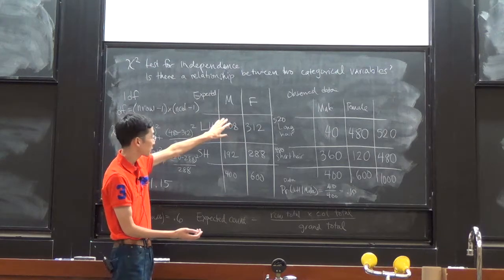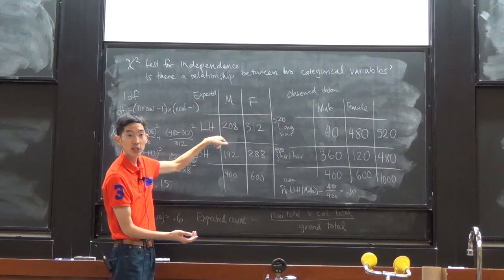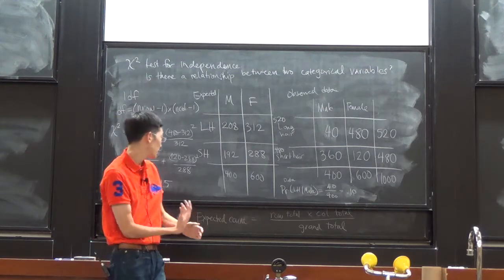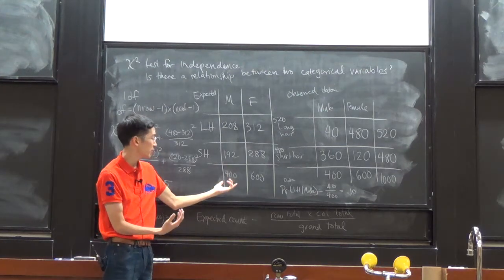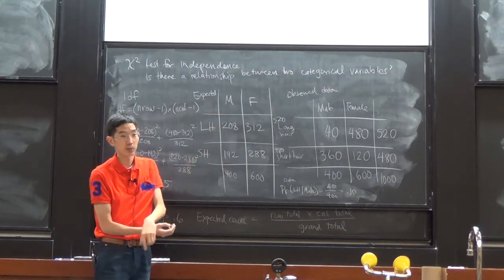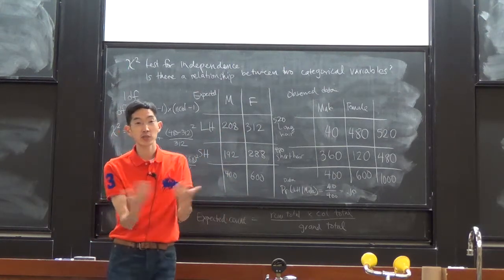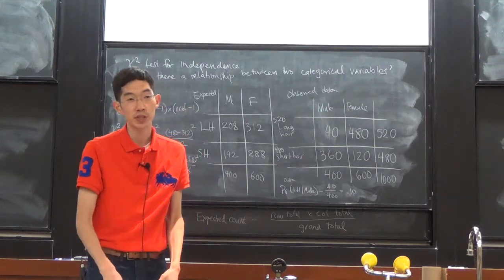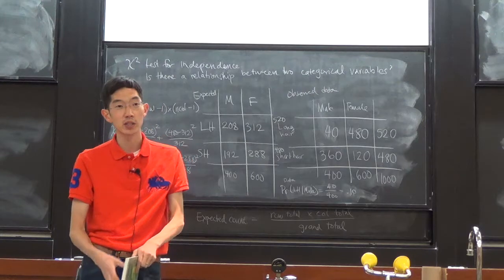We would expect to see 208, because if 40% of your population is male, and 52% of your population have long hair, and there's no relationship with each other, we would expect basically 52% of your 400 males to have long hair.